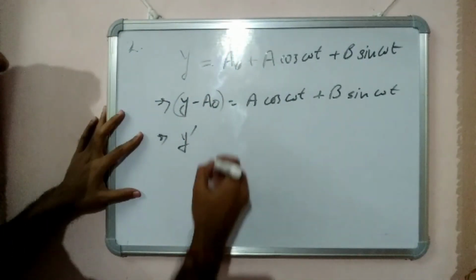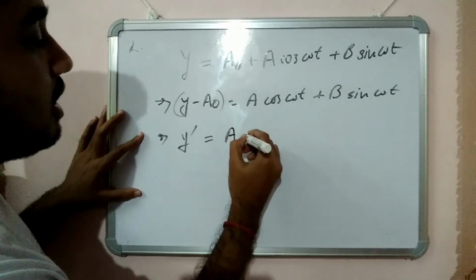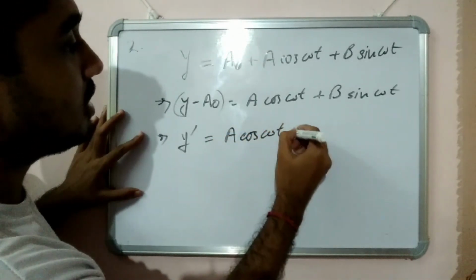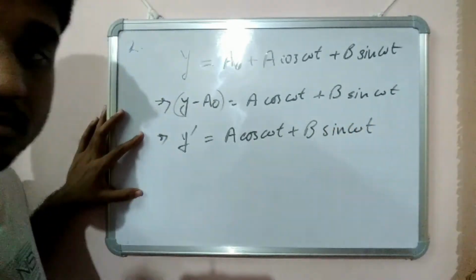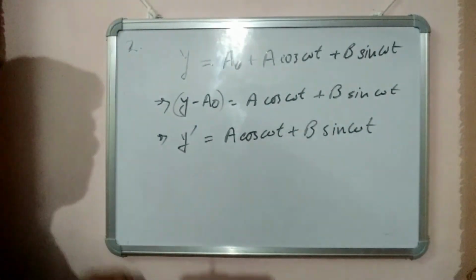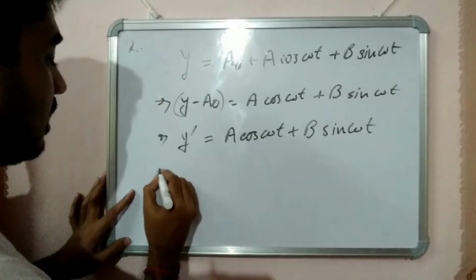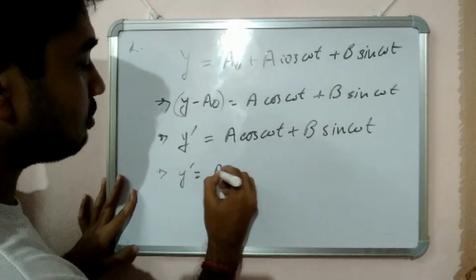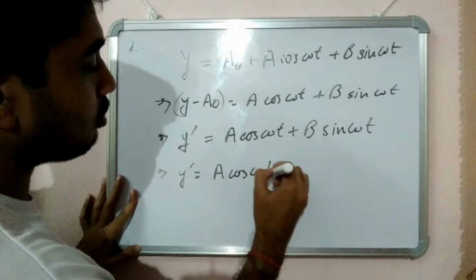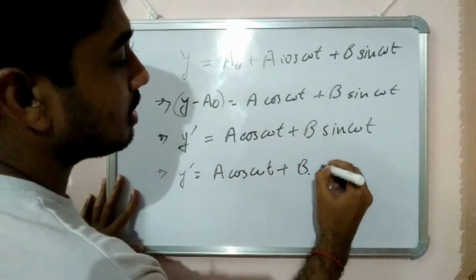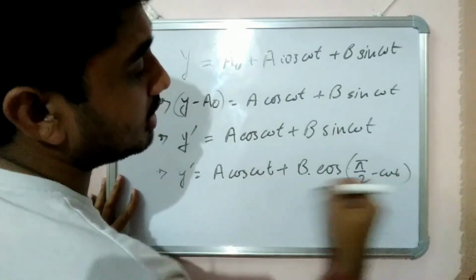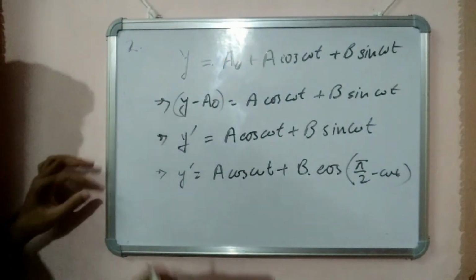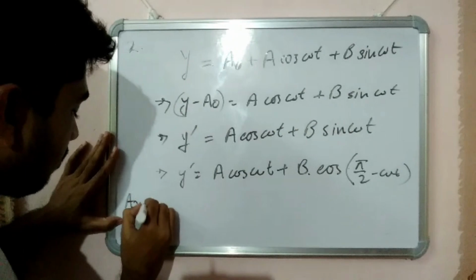Let us write y prime is equal to A cos omega t plus B sin omega t, and this sine can be written as y prime is equal to A cos omega t plus B cos of pi by 2 minus omega t. This is easy, and there is a formula for amplitude.